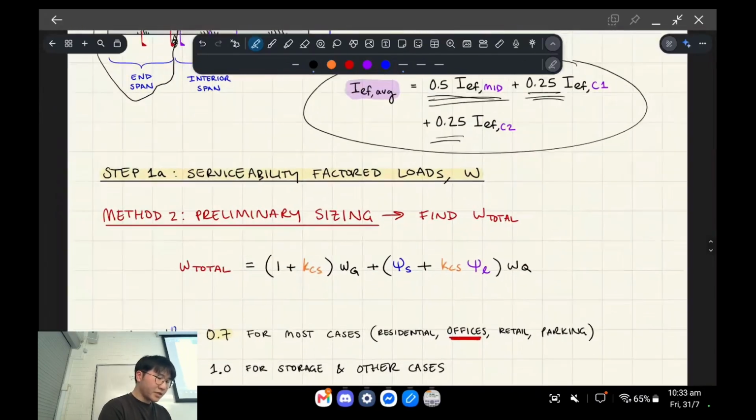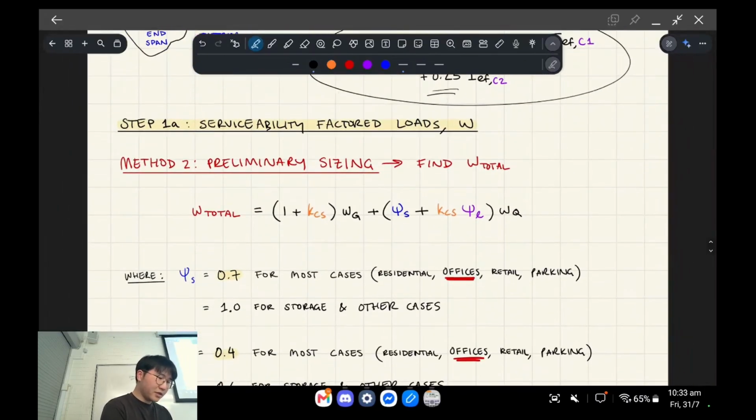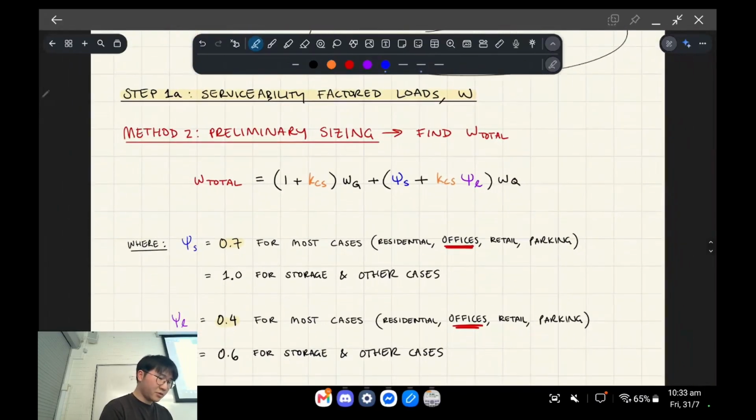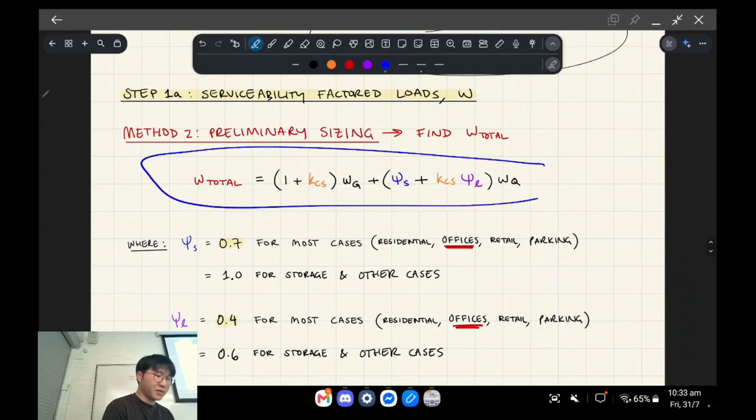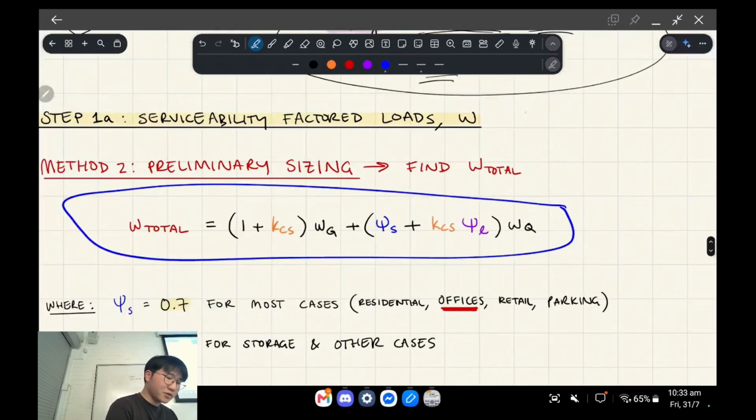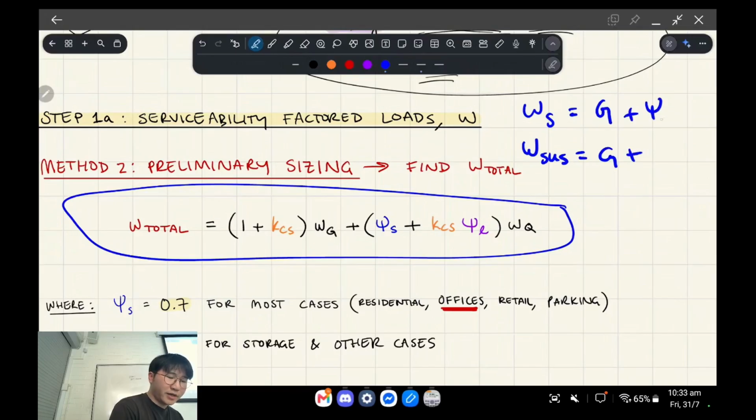Okay, so serviceability factored loads, right? We do a slightly different looking formula. Okay, so what you saw before was we were doing WS, W sustained, which looked something like this: G plus phi S, and this one is using phi L, and then multiplying Q, right?